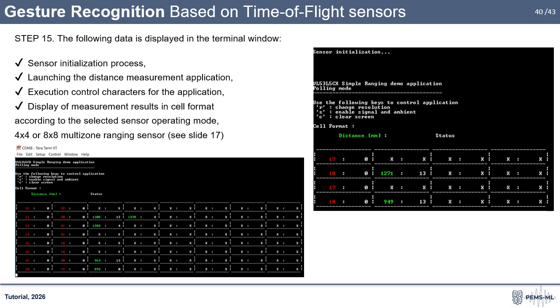Final step 15. The following data is displayed in the terminal window. Sensor initialization process, launching the distance measurement application, execution control characters for the application, display of measurement results in cell format according to the selected sensor operating mode, 4x4 or 8x8 multi-zone ranging sensor.